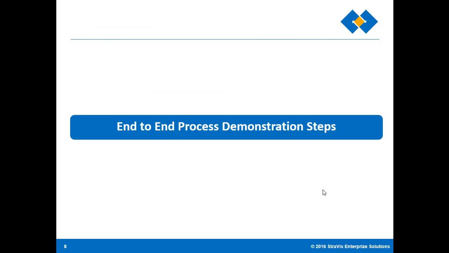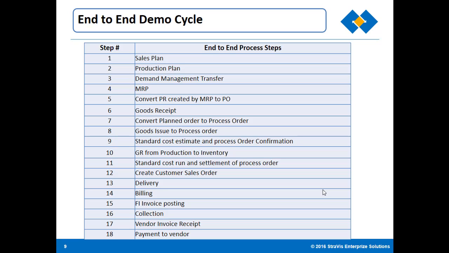In this demo, you are going to see the end-to-end process, and the process steps you can expect are detailed here. First, the sales plan is set up, and from the sales plan the production plan is prepared. Demand management is derived from the production plan, and then MRP, material requirement planning, is done.